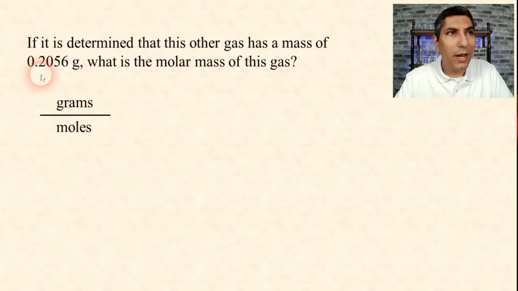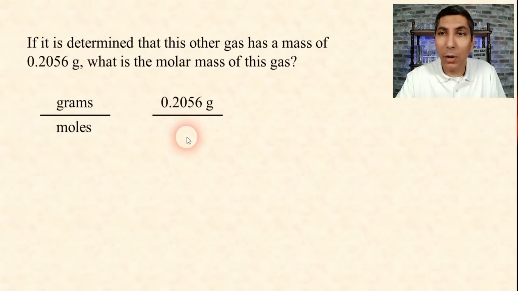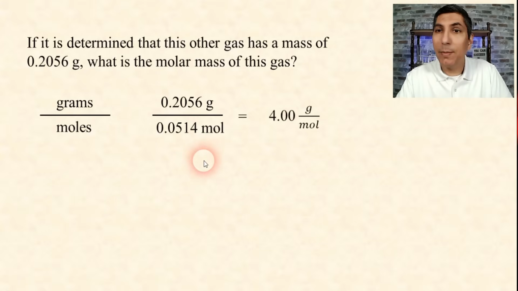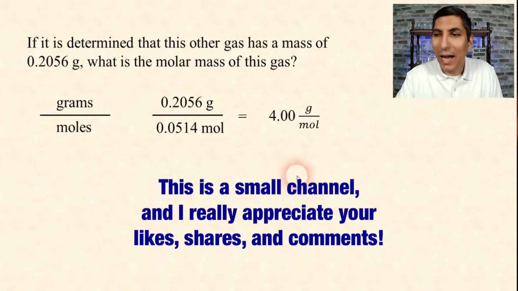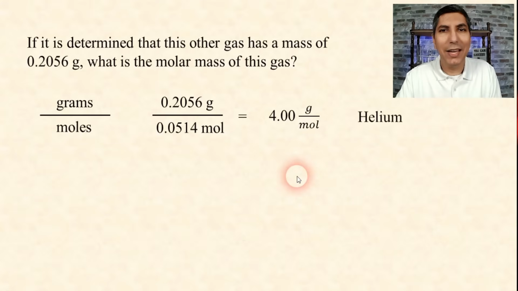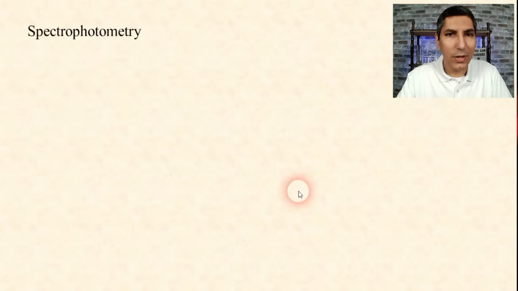Well, the problem tells us that it has 0.2056 grams. And the number of moles, well, we just got that from the last problem. It was 0.0514 moles. So when you divide that out, it's about 4.00 grams per mole. So if I had to guess by looking at the periodic table, I'd say that we're talking about helium in that other gas there.